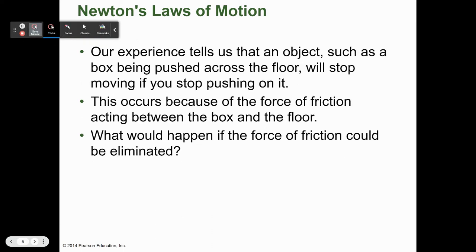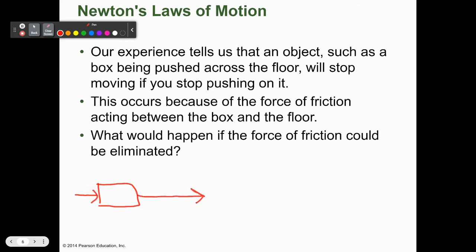Our experience tells us that an object, such as a box being pushed across the floor, will stop moving if you stop pushing on it. This occurs because of the force of friction between the box and the floor. What would happen if the force of friction was eliminated? If we have a box, as long as we push it across the floor, it will keep moving.